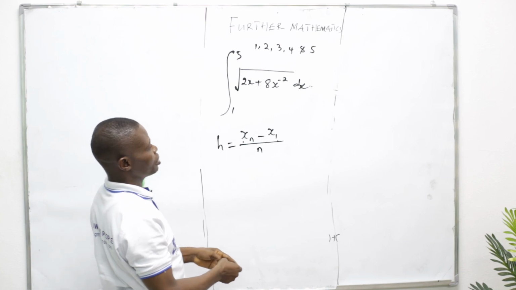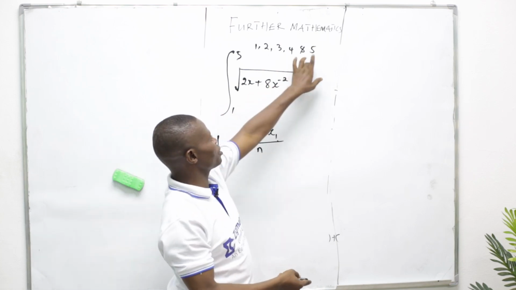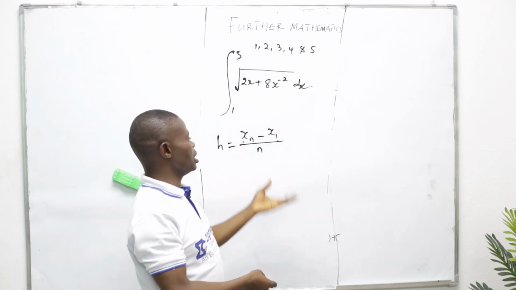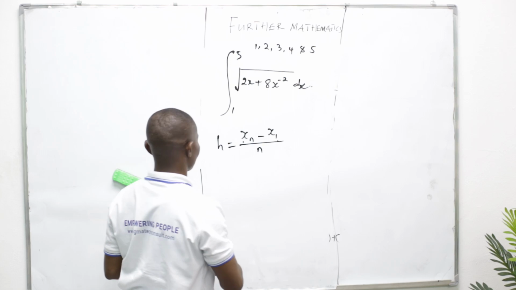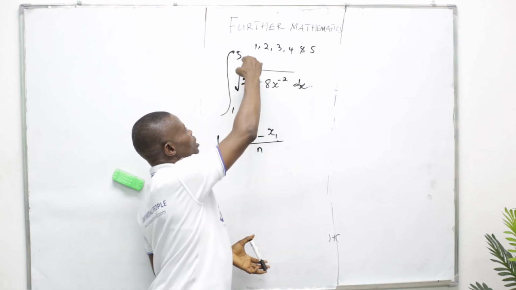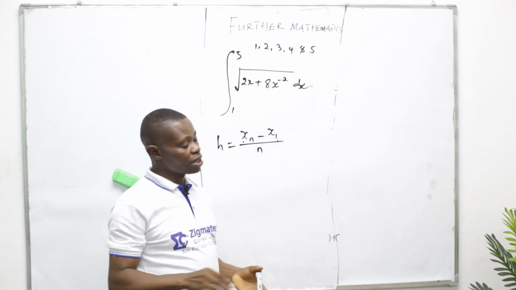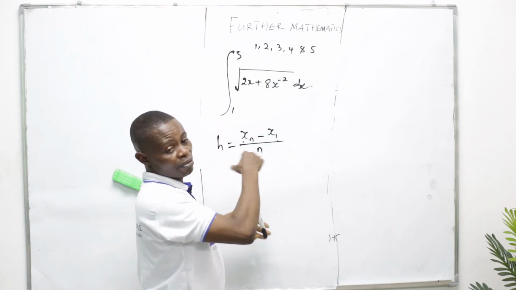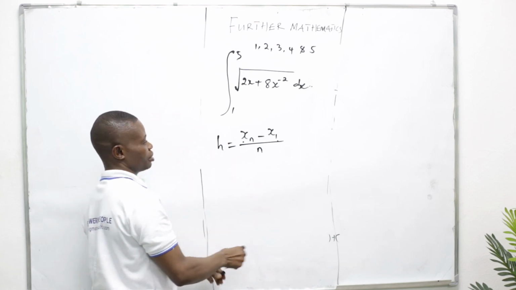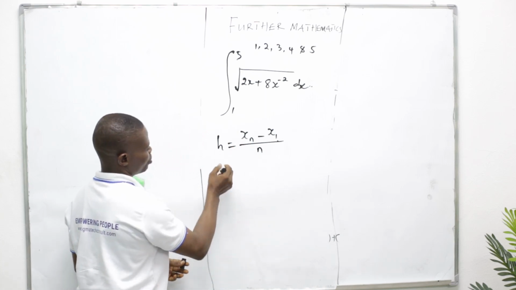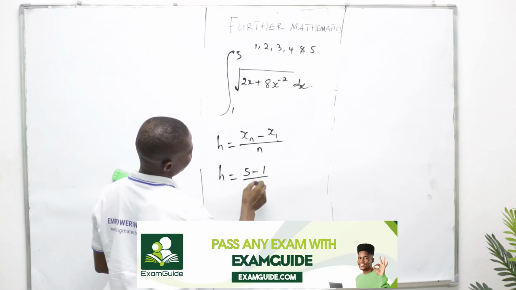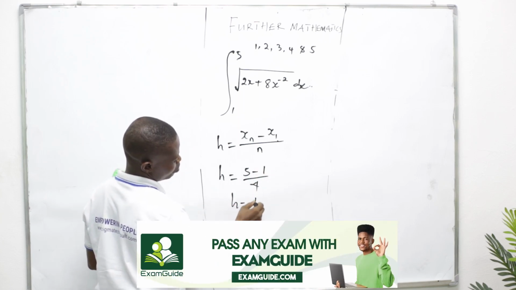So where's the starting point? x_n, the last, which is 5. Then x_1, the first value, 1. If you want to use that method to solve, no problem. Then n itself is just number of ordinates minus 1. If you have 7 ordinates, 7 minus 1, that is 6. So get it right, please. So h equals 5 minus 1, all over 4. Therefore, h equals 1.